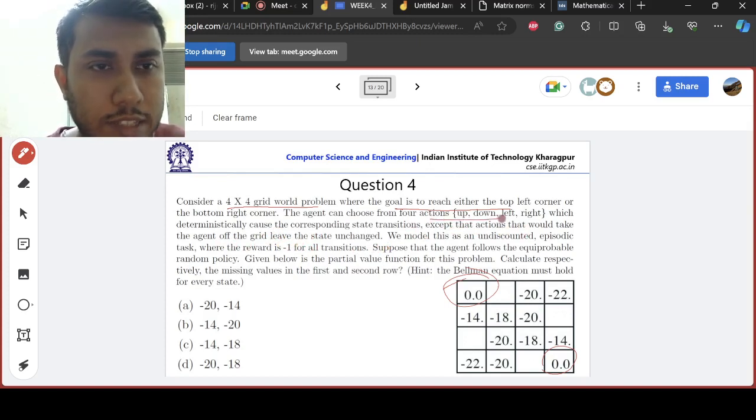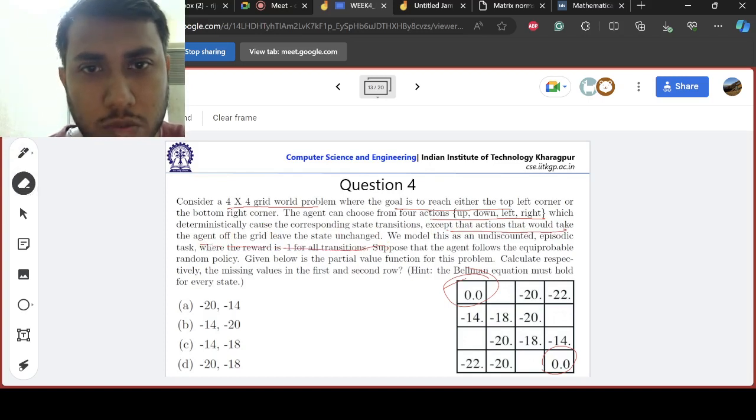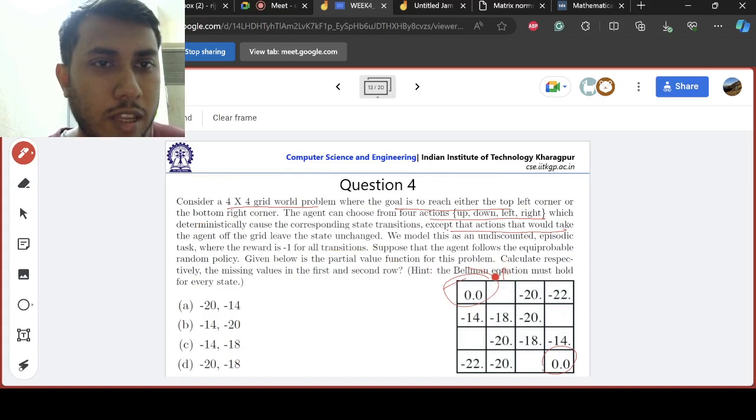So these are the 4 actions it can take. Okay, we don't have to consider that part. That means if I want to go up from the top row, that will take me out of the grid, so that one we will not consider.